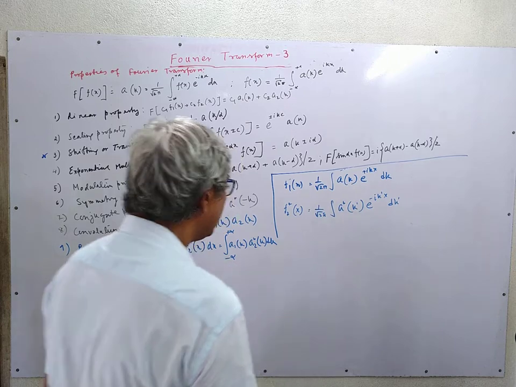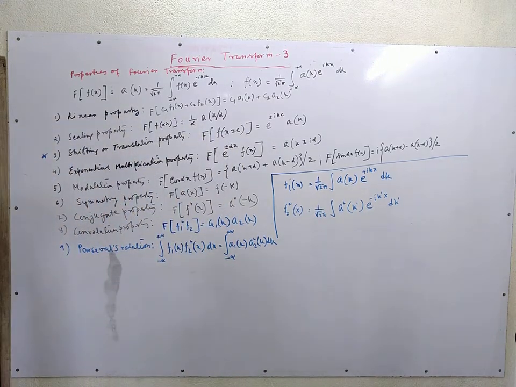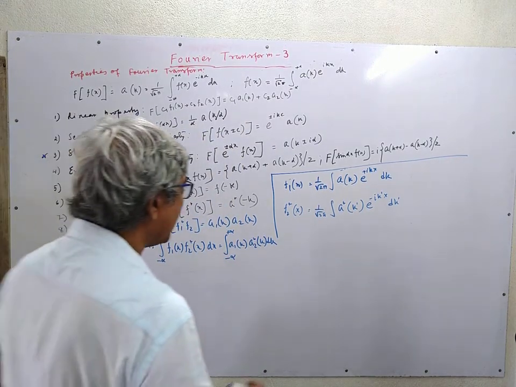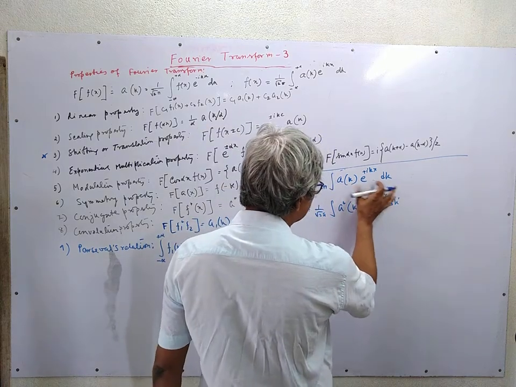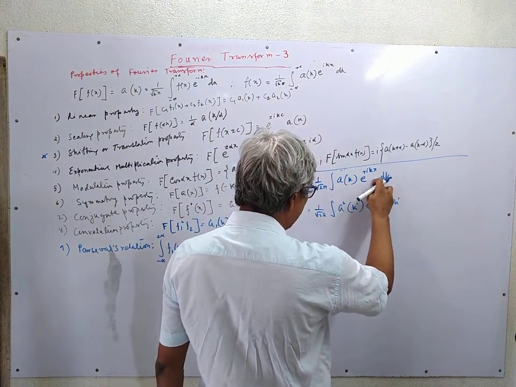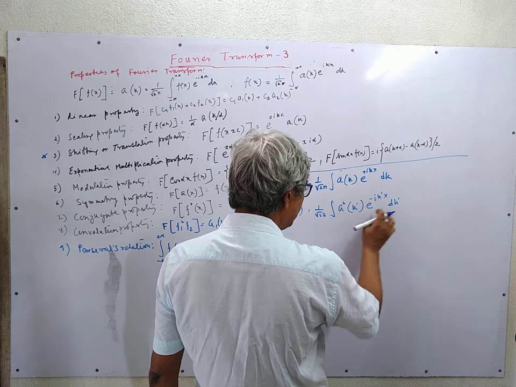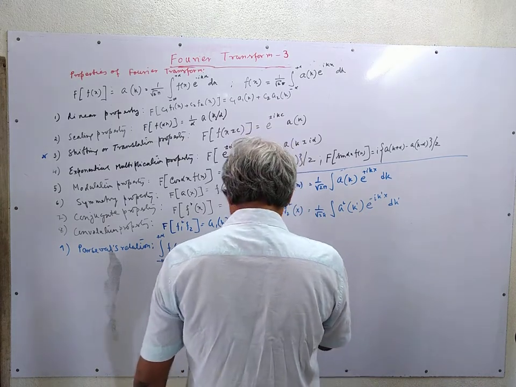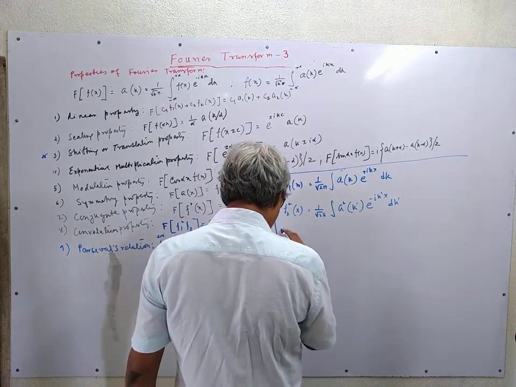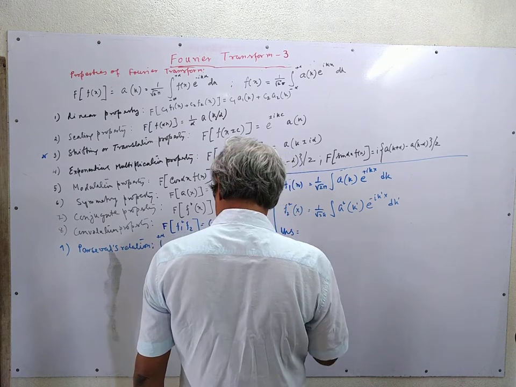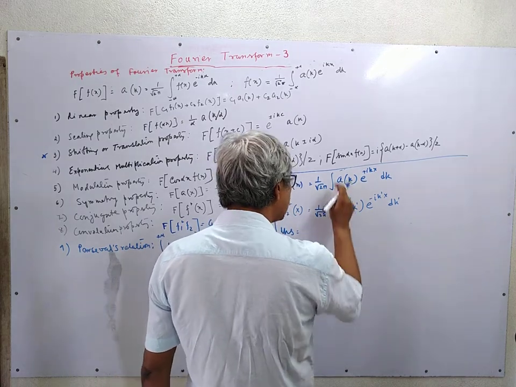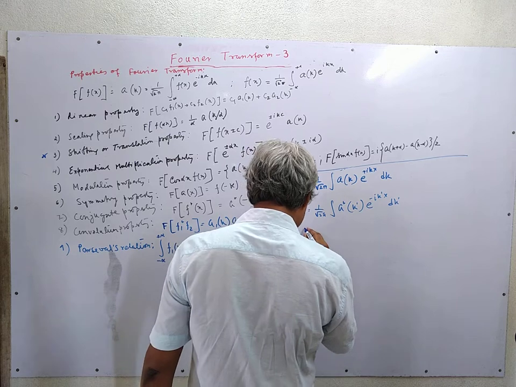Here we have used two dummy variables. The variable that is being integrated out is called the dummy variable, and we have used two different dummy variables, so that on the left hand side there is a sum of integrals, and all the integrals are from minus infinity to plus infinity.